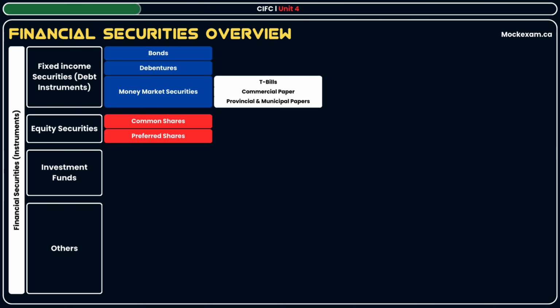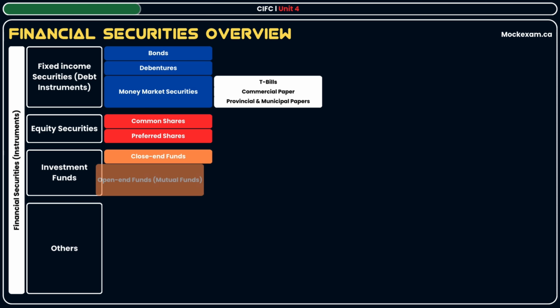There are two main types of investment funds: closed-end funds and open-end funds, or the other name is mutual funds. The main difference between open-end funds and closed-end funds is how they are bought and sold and how their value changes. The number of shares in an open-end fund changes constantly because you can buy or sell shares from the fund at any time.